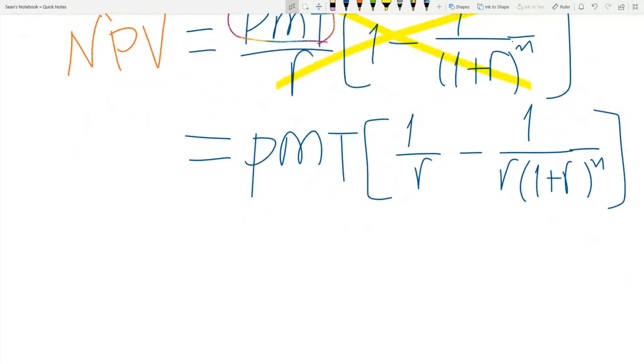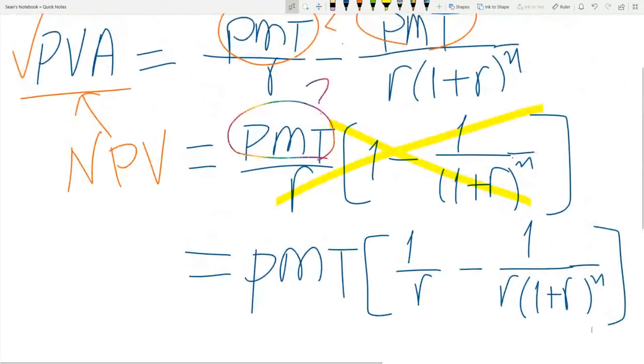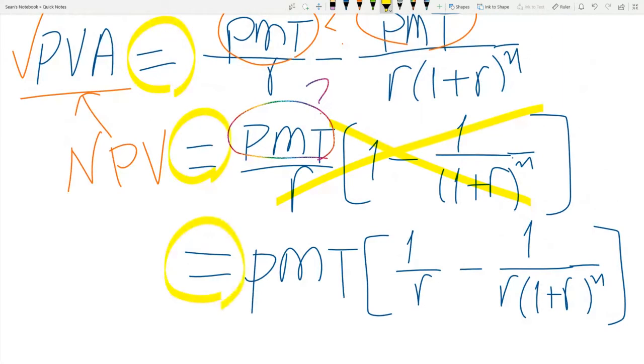Now, always remember the equal sign continues the left-hand side of the formula. Present value of annuity is equal to this, which is equal to this, which is equal to this. So don't forget we have the left-hand side, right?